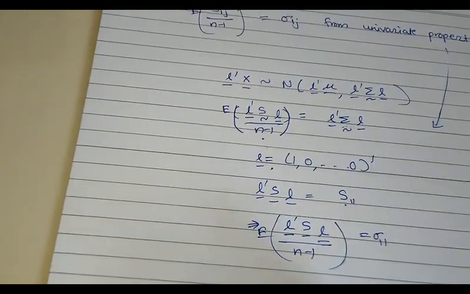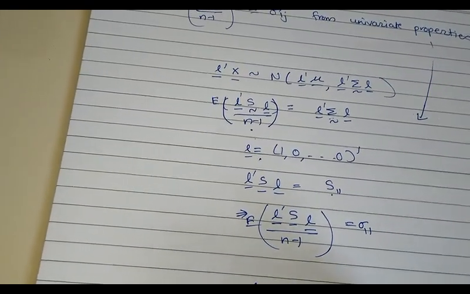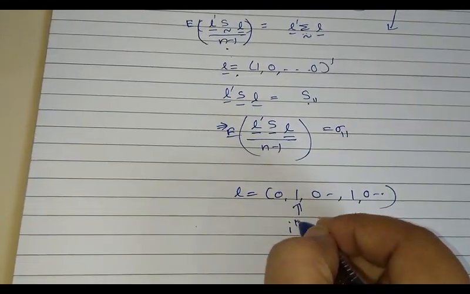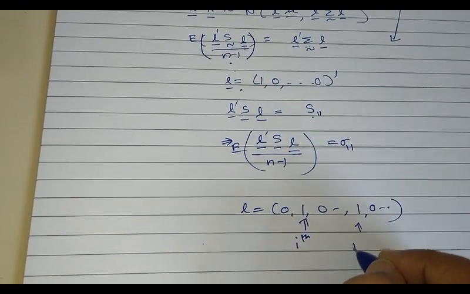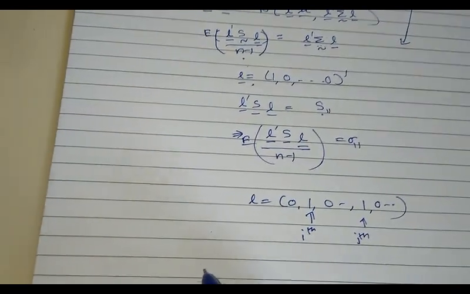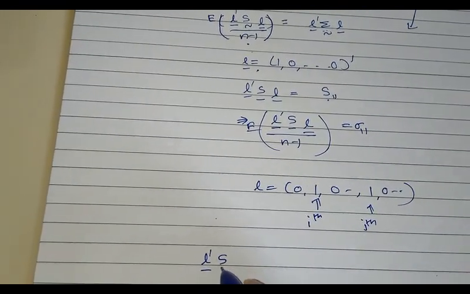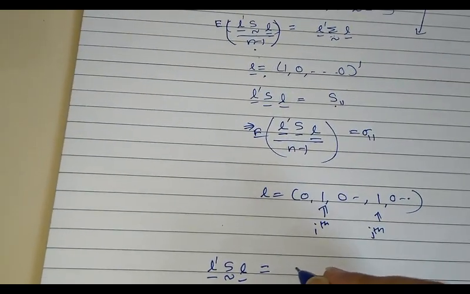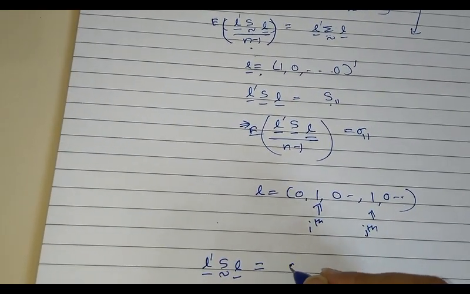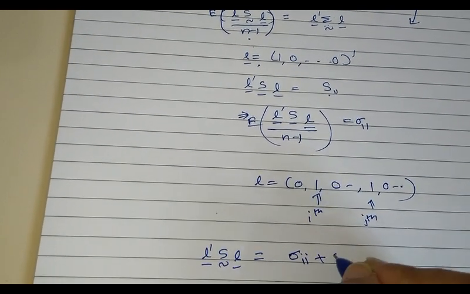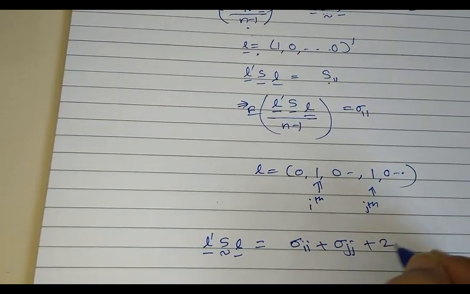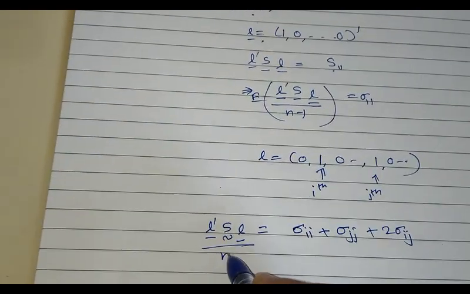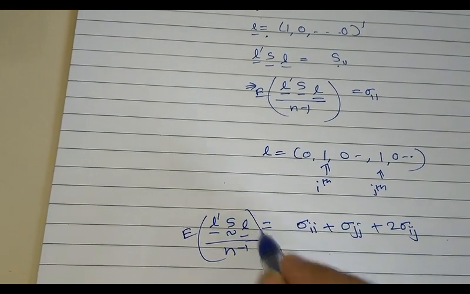So in general, if I define L as (0, ..., 1, ..., 1, ..., 0), where one is at say the ith position and the other is at the jth position, then L prime SL would be sigma II plus sigma JJ plus 2 sigma IJ, when divided by n minus 1.